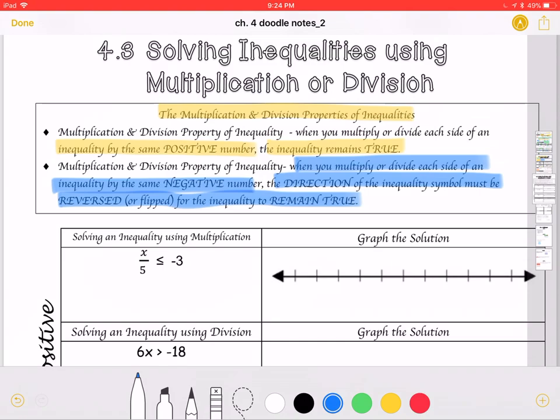So you might want to put a big star here. This is very important. If you multiply or divide an inequality by a negative number, you have to flip the inequality sign. And I'll show you what I mean by that. So let's take a look.